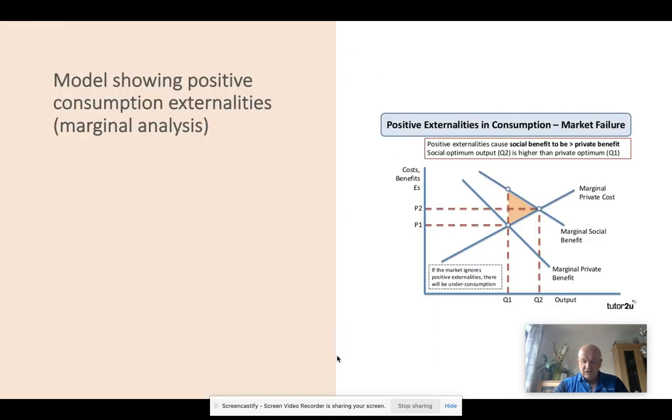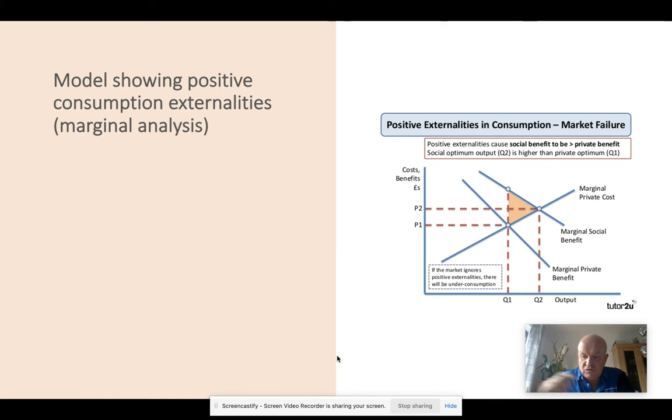Okay, so if we then take a look at the model showing positive consumption externalities, and again, this is based on marginal analysis, we've got a diagram which is shown there and is also provided to you in the next few pages, as you'll see when you start to look through. So in this case, we're saying that our positive externalities are caused by a social benefit being greater than the private benefit.